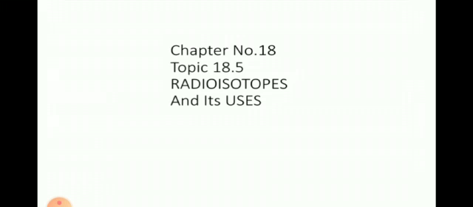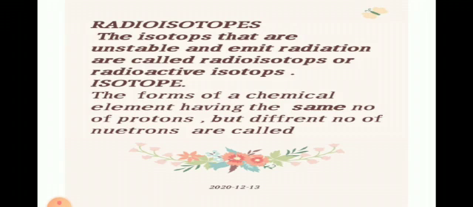Today we will start our new topic of chapter number 18, that is radioisotopes and its uses. As it is very clear from the name, radioisotopes is the combination of two words, that is radiation and isotopes. The isotopes are two or more forms of a chemical element having the same number of protons, or the same atomic number, but having a different number of neutrons.